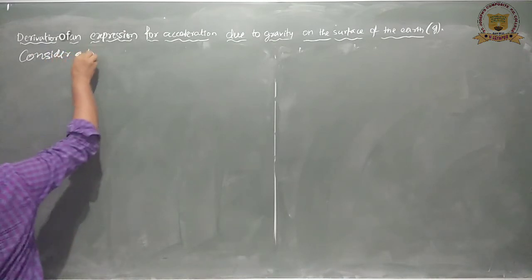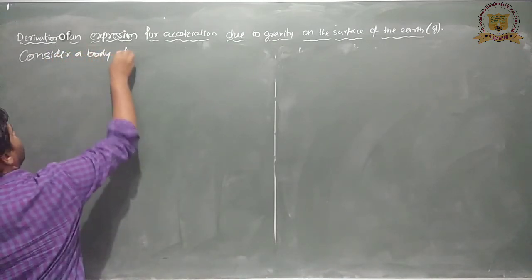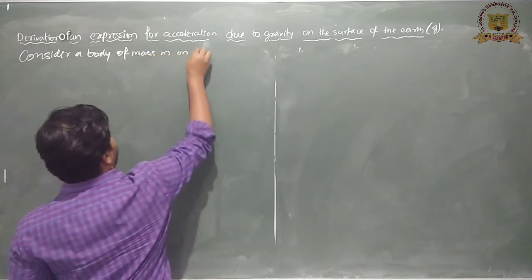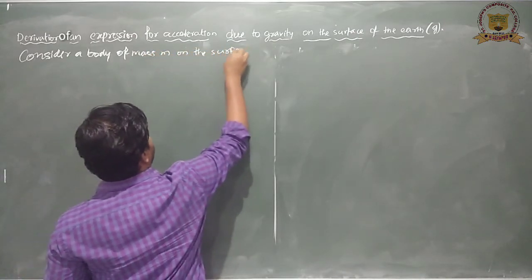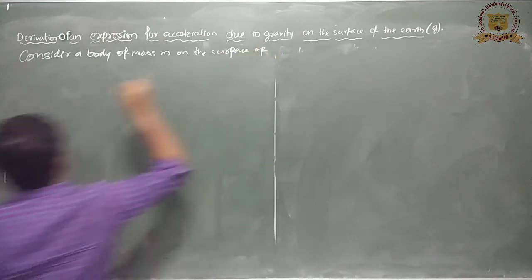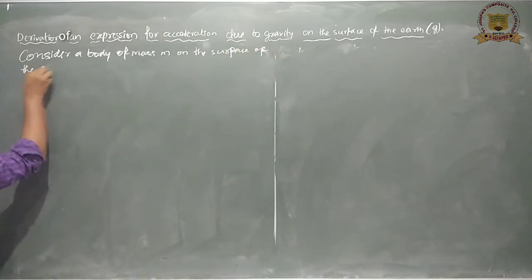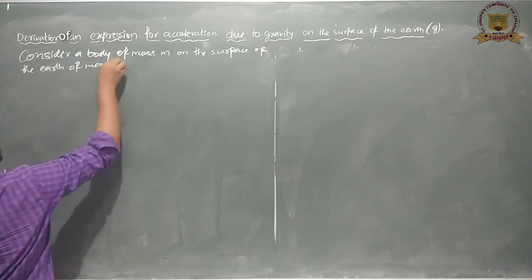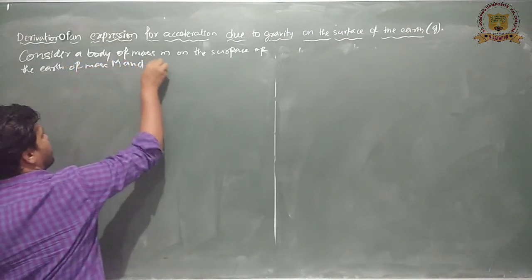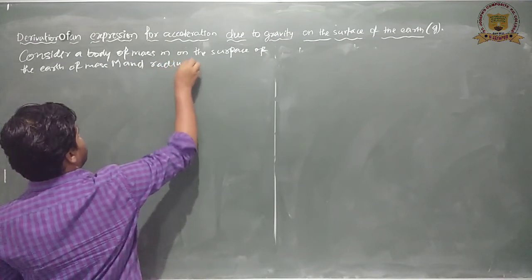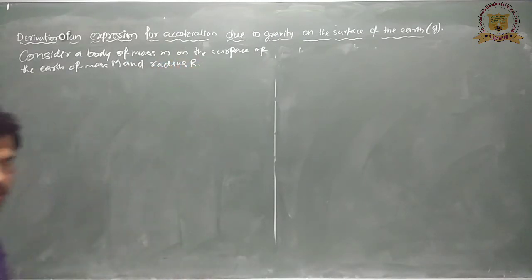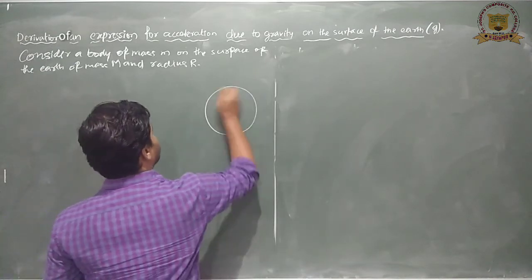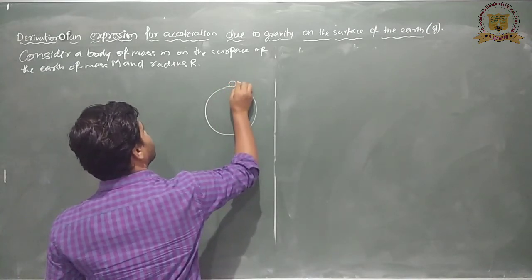Consider a body of mass m on the surface of the earth of mass capital M and radius capital R. So here we are considering a body of mass m on the surface of the earth.